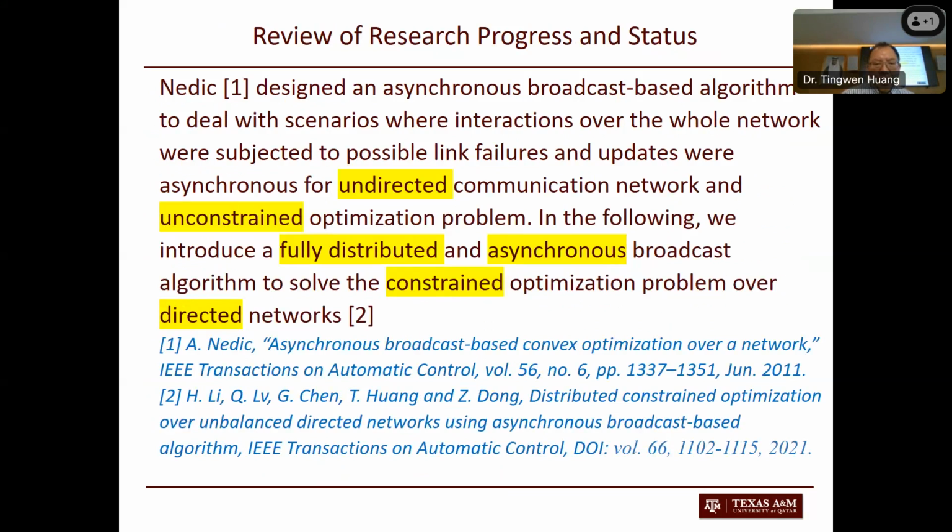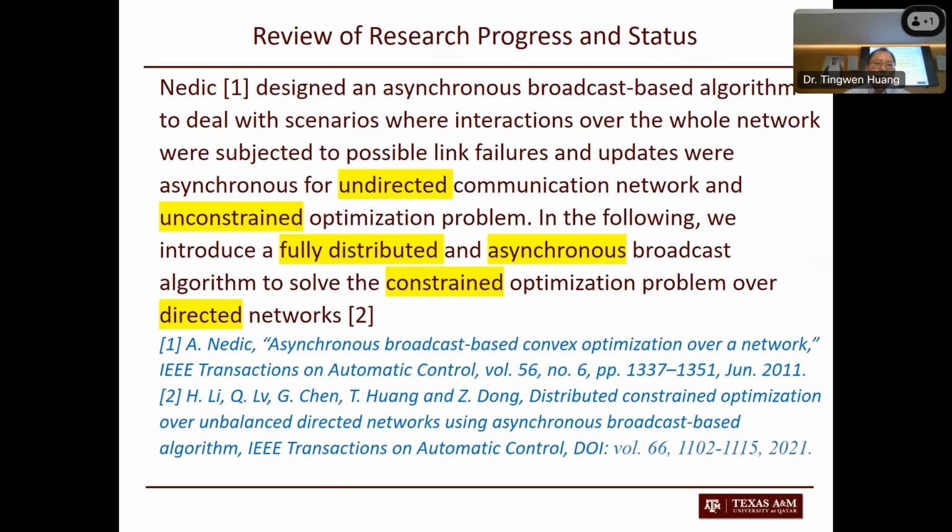Netcat designed an asynchronous broadcast-based algorithm to deal with scenarios where interactions over the whole network were subjected to possible link failures, and updates were asynchronous for undirected communication network and unconstrained optimization problem.